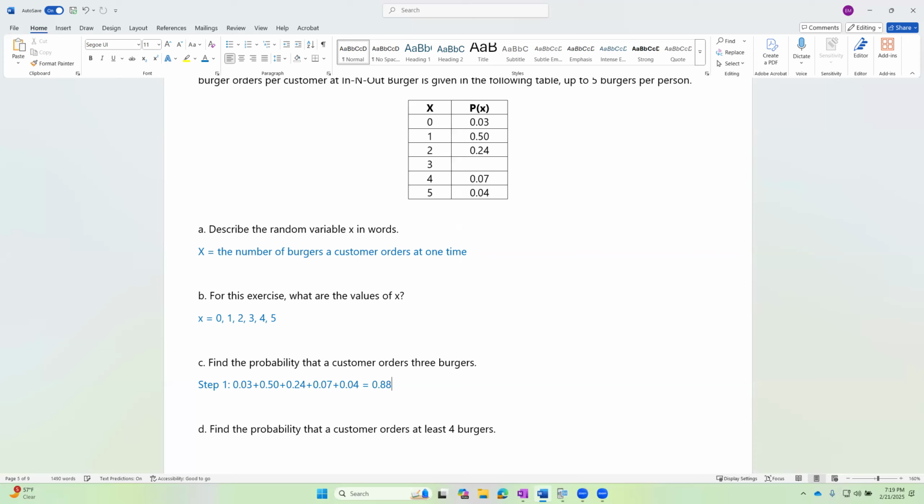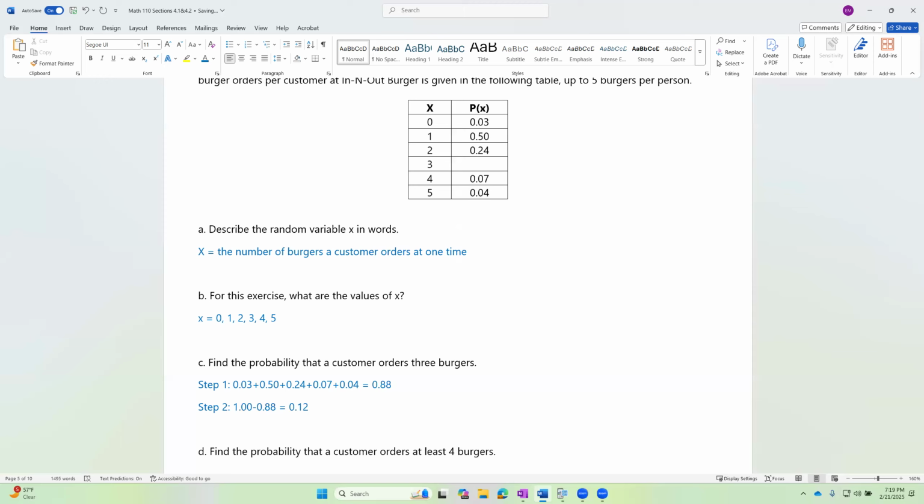Now, that's not what the probability is. It's just what all these are added up together. What we can do is take the 0.88 and subtract it from 1 because we know all this adds up to 1 or 100%. So 1 minus 0.88 equals 0.12.